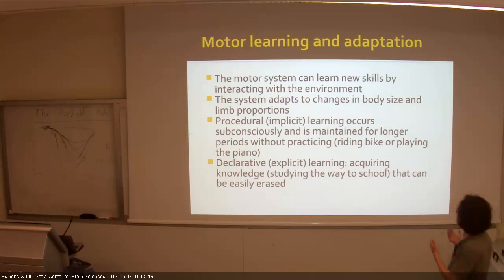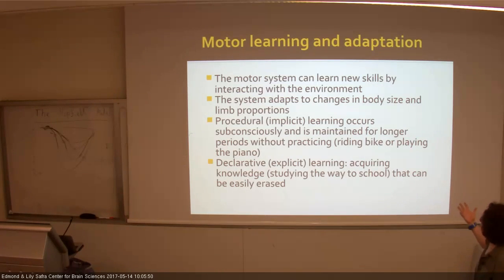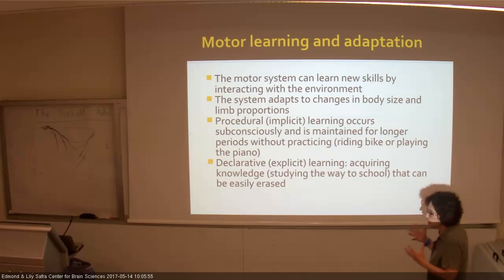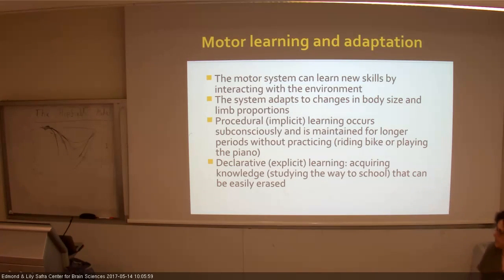Now, the system, as I said before, adapts to changes in body size and limb proportions. And generally, we are actually familiar with two types of learning schemes. We have a procedural and implicit learning that occurs subconsciously and is maintained for longer periods without practicing.